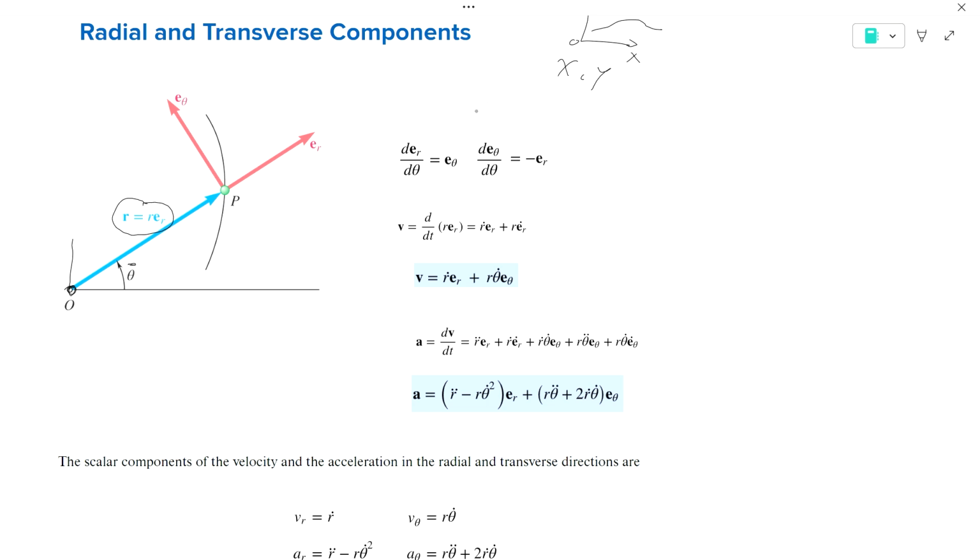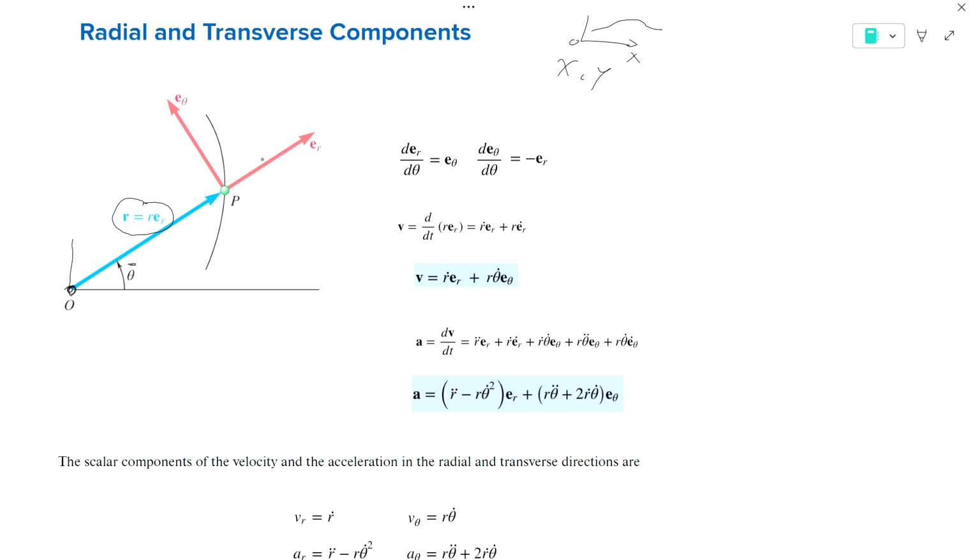So in that case, remember, ER and E theta are the unit vectors. The change of ER with respect to the angle is called E theta, and the change of E theta with respect to the angle is called ER.